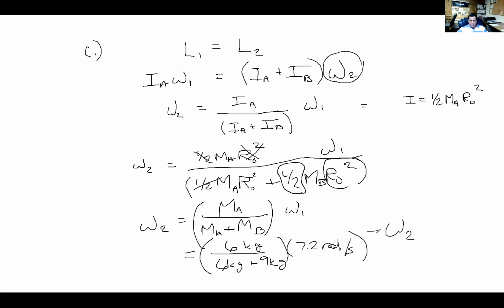So the angular velocity after the collision is 2.9 radians per second, which you would expect because initially it was the 7.2. And the second one is at rest, so now they're both rotating at 2.9 radians per second after they've come into contact.